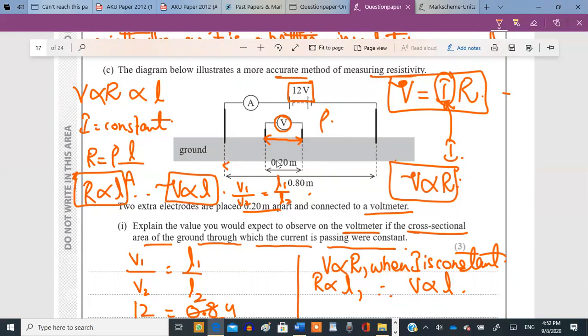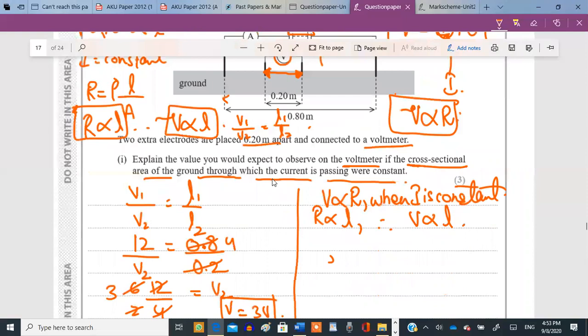So this entire length might not have a constant area, whereas for a shorter length, the area is more likely to stay constant. Because of course it's ground, it's going to be uneven. But for the shorter length, it's going to be more uniform as compared to the longer length. So therefore less chance of error.